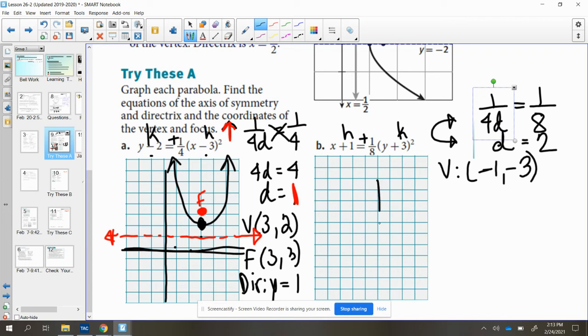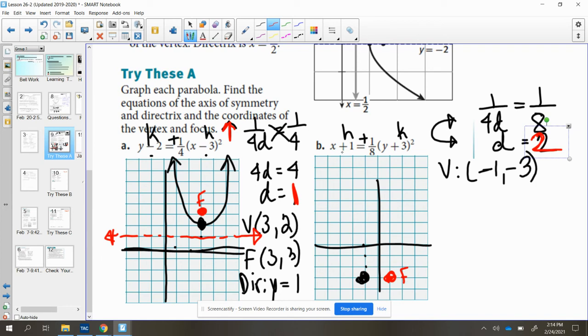And so when we graph, we're at -1, -3. And again, we are opening to the right. So our focus will come 2 units to the right. Okay, so here's our focus.